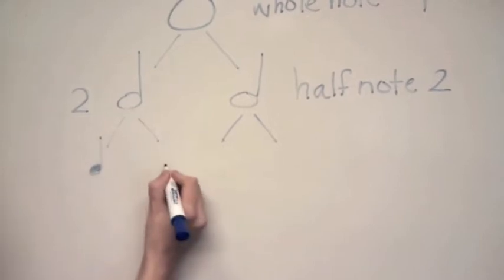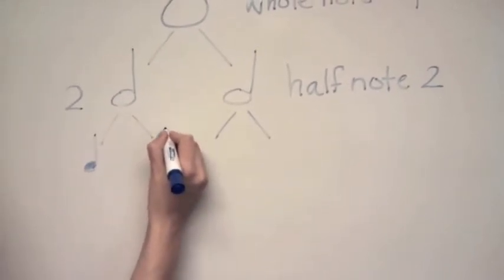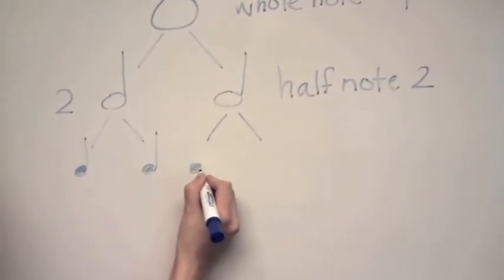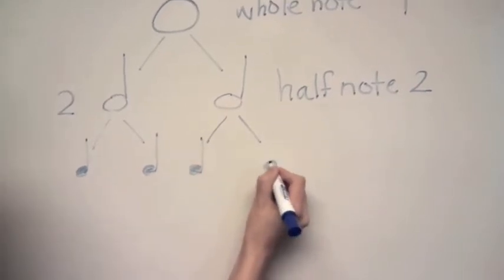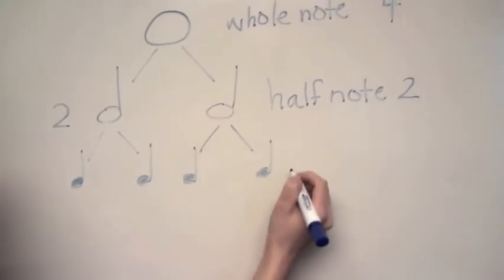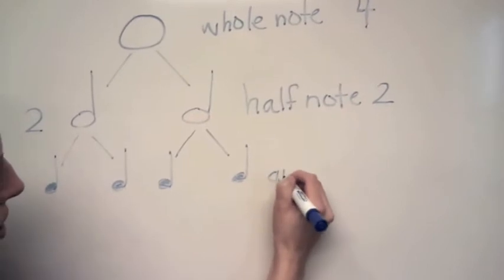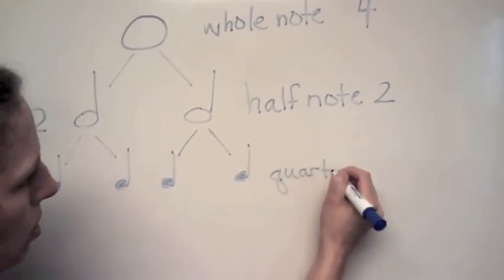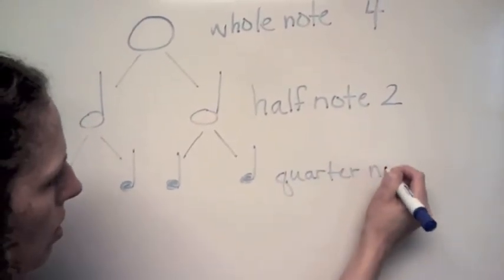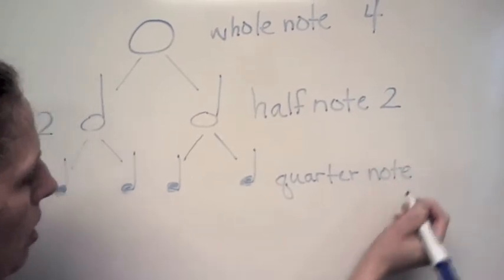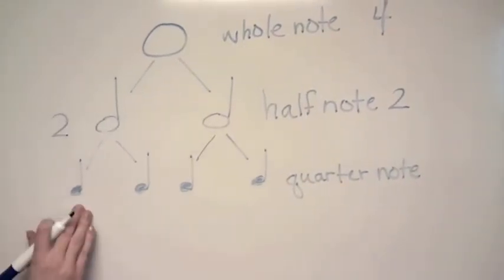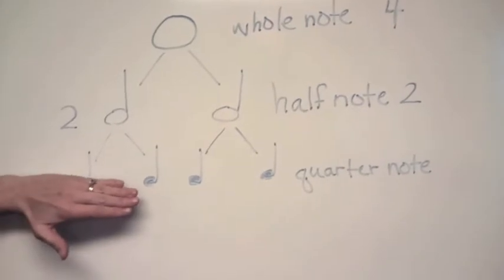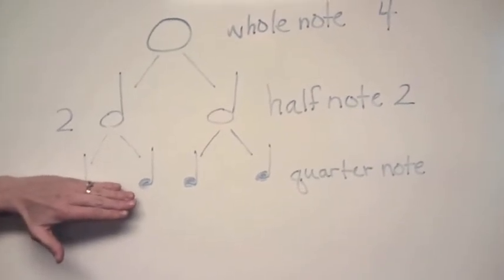The next one that we get is what's called the quarter note. In our last lesson I introduced you to these. If you didn't have that on there, that would be the ta that we were looking at.